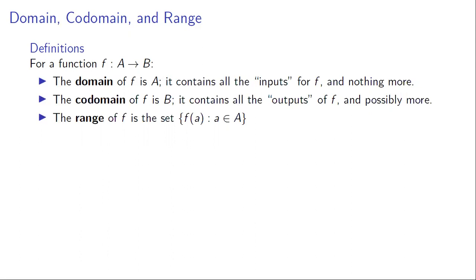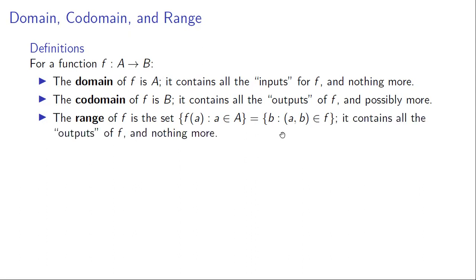The range of f is the set of all f of a such that a is an element of the set A. In other words, the range is the set of all b such that there is a pair a comma b in the function f. In other words, it contains all the outputs of f, but nothing more.